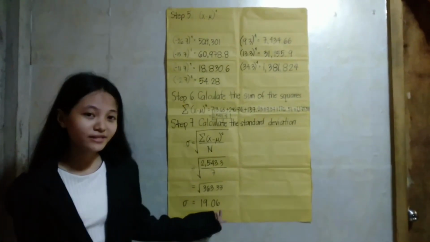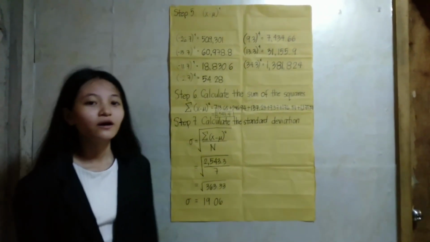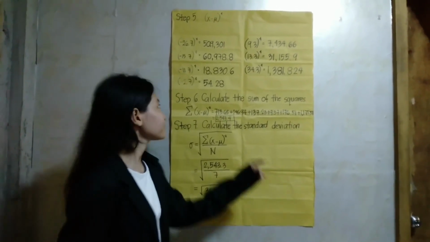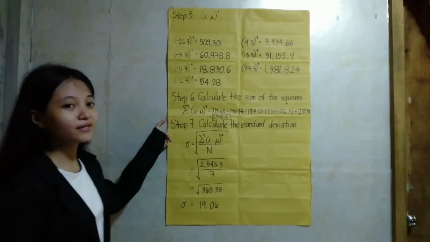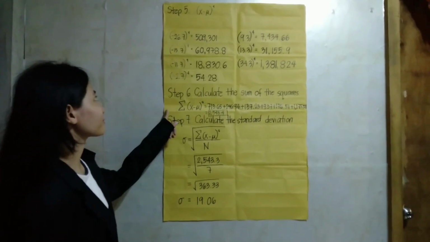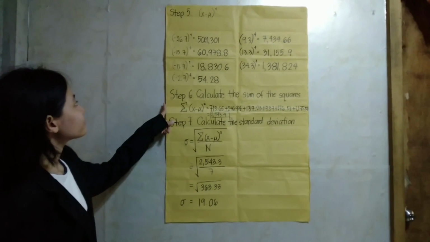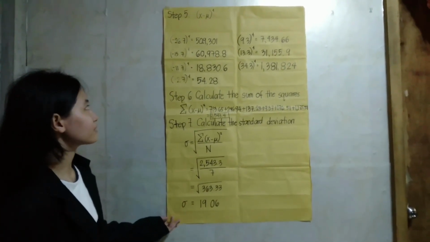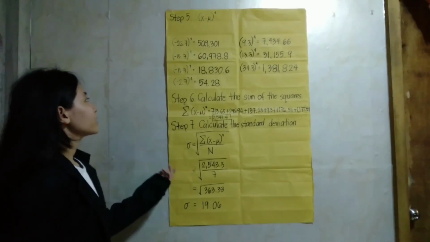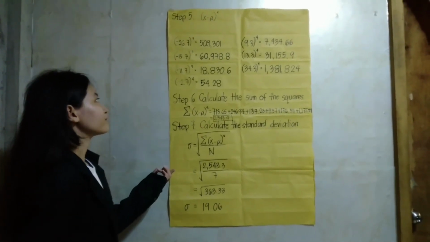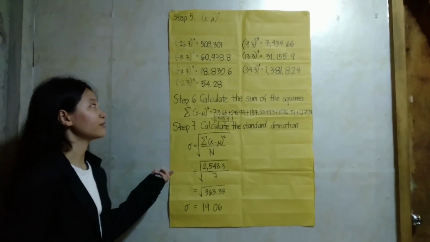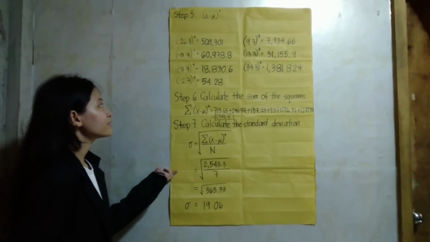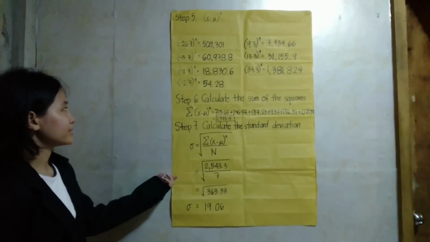Step 5. So in step 5, you have to raise all the results from step 2 to the power of 4. So the formula is (x minus mean) to the power of 4. So negative 26.7 to the power of 4 equals 509,301. Negative 15.7 to the power of 4 equals 60,978.8. Negative 11.7 to the power of 4 equals 18,830.6.